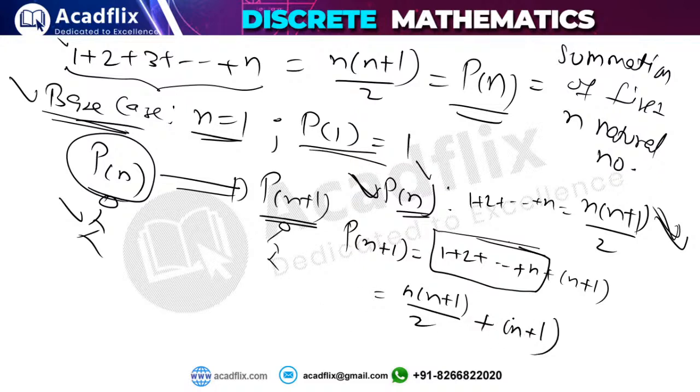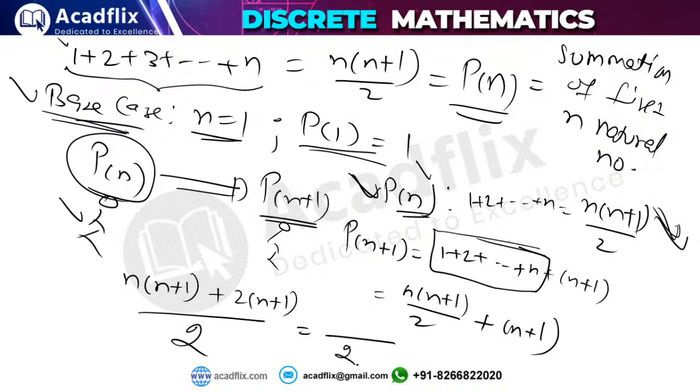From here, you can take LCM 2, and you will get (n plus 1) times n plus 2(n plus 1), all over 2.